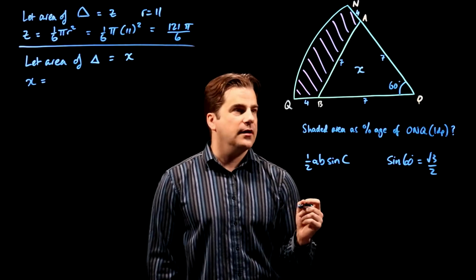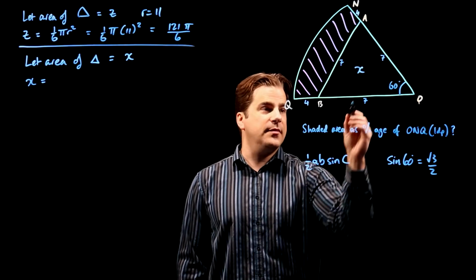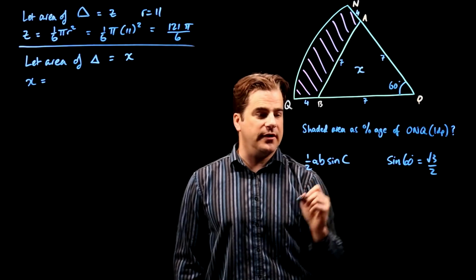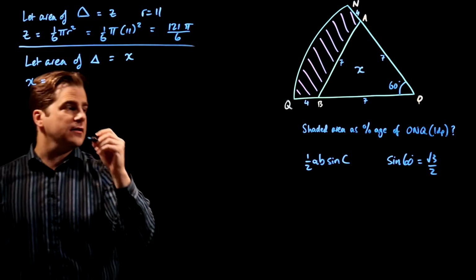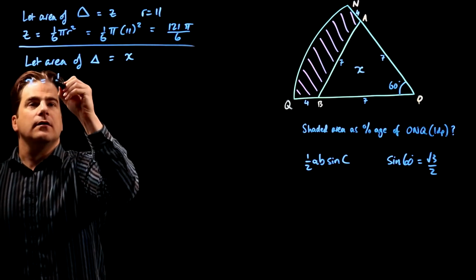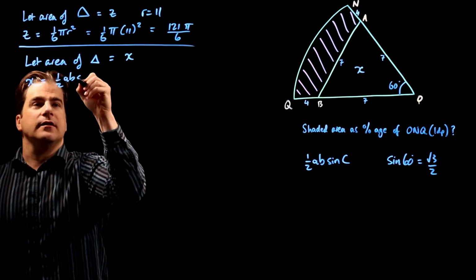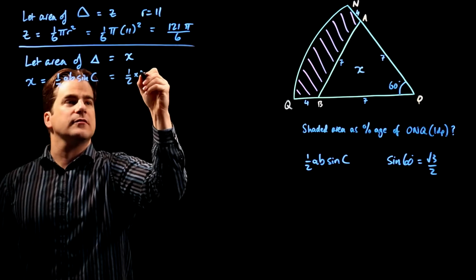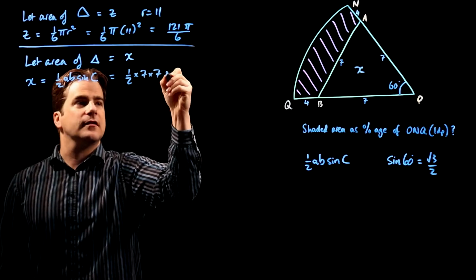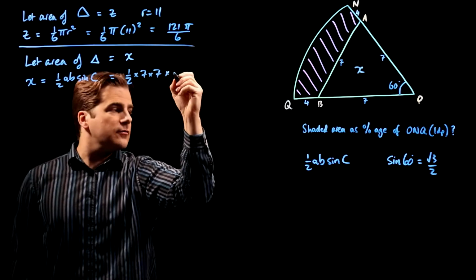Okay, so A is 7, B is 7, two sides and the angle between them. So the area of our triangle is half AB sine C, which is half times 7 times 7 times root 3 on 2.